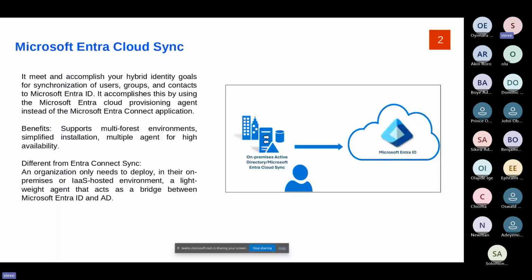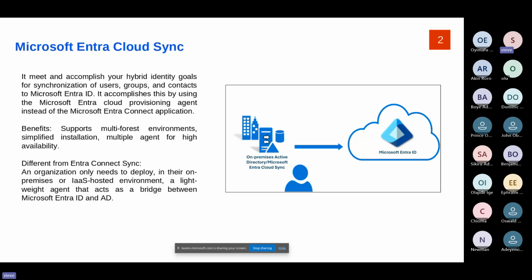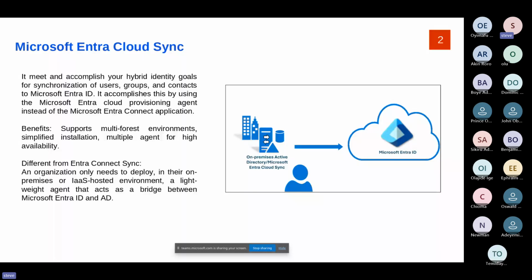So this is different from the Entra Connect synchronization, which means that an organization only needs to deploy in their on-premise environment or in their IaaS hosted environment the lightweight agent that acts as a bridge between the Microsoft Entra ID and the Active Directory.